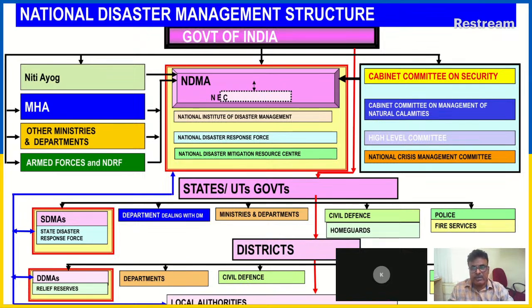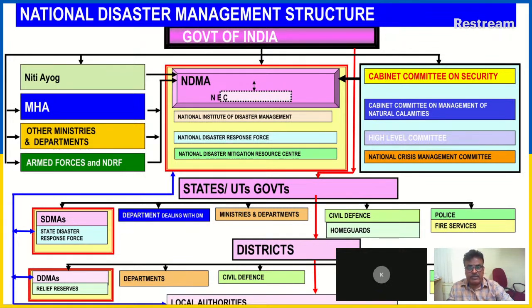In addition, we have even local authorities here. It's not visible here, but Chapter 6 of the Disaster Management Act talks about local authorities. Local authorities are also given some important roles. They have to train their employees. They have to keep a preparedness plan in place, revise it, and see that no disasters lead to losses and damages.